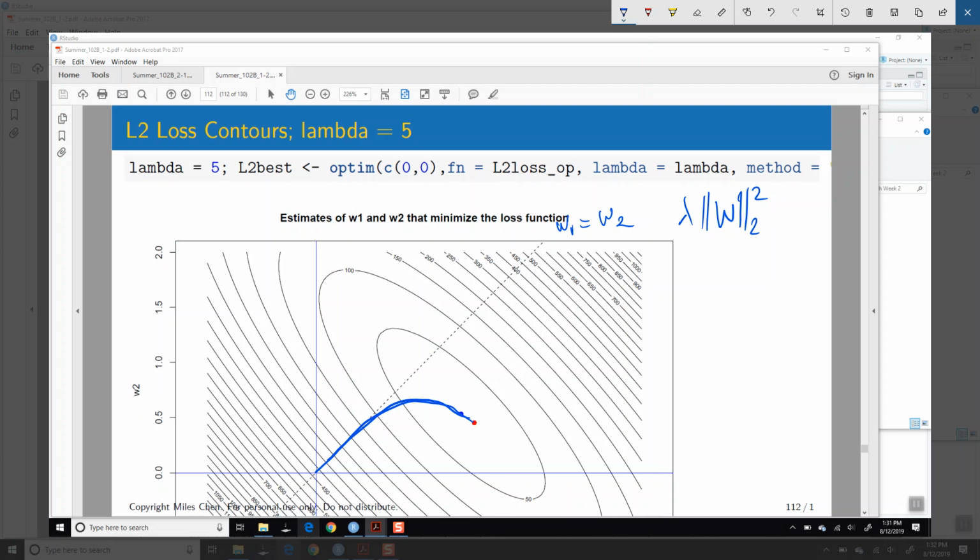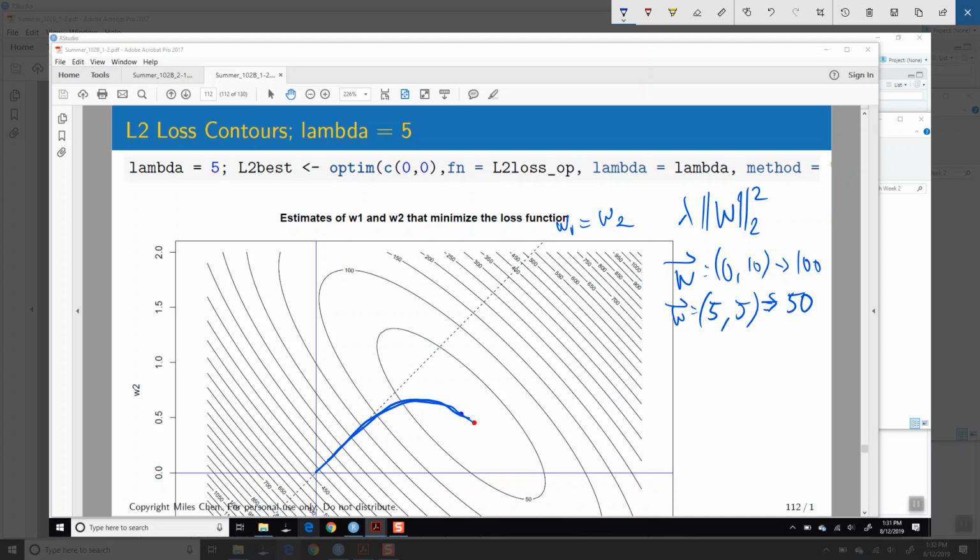Okay, L2 norm squared of W. If W is equal to something like 0, 10, the penalty would be 100, right? Whereas if it was 5, 5, this would have a penalty of 50, right?